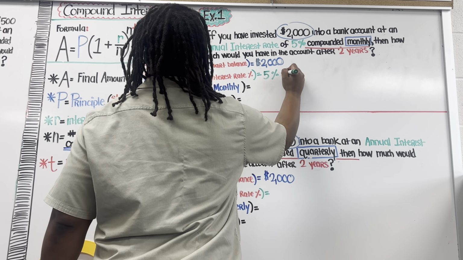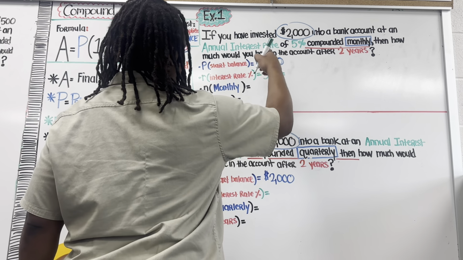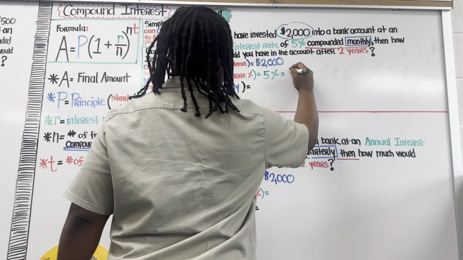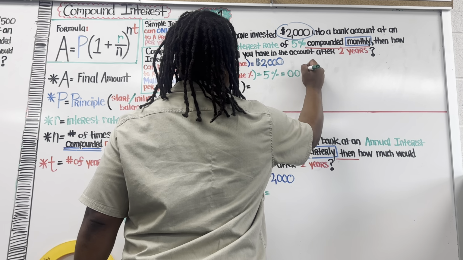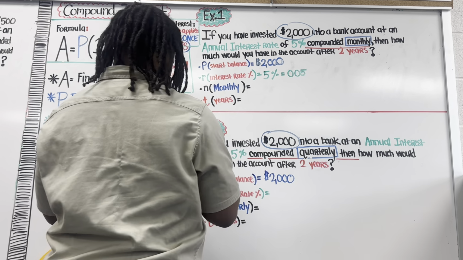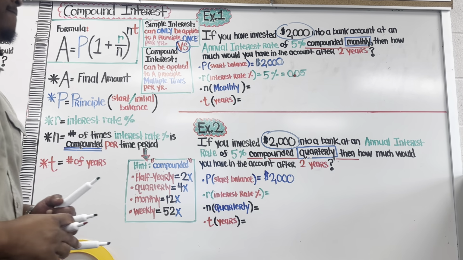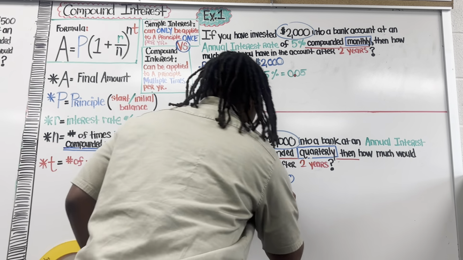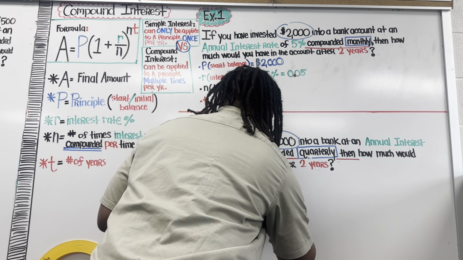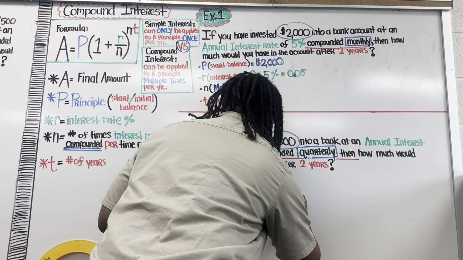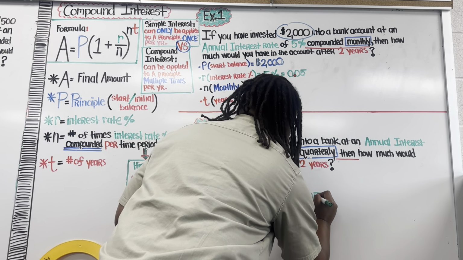All right, and then also, guys, remember we have to always change the percent to a decimal when we're dealing with interest rates, right? Compound interest and simple interest, same thing. So we have to change 5% to a decimal of 0.05. Just like that, okay? Same thing down here, 5%, which equals 0.05.